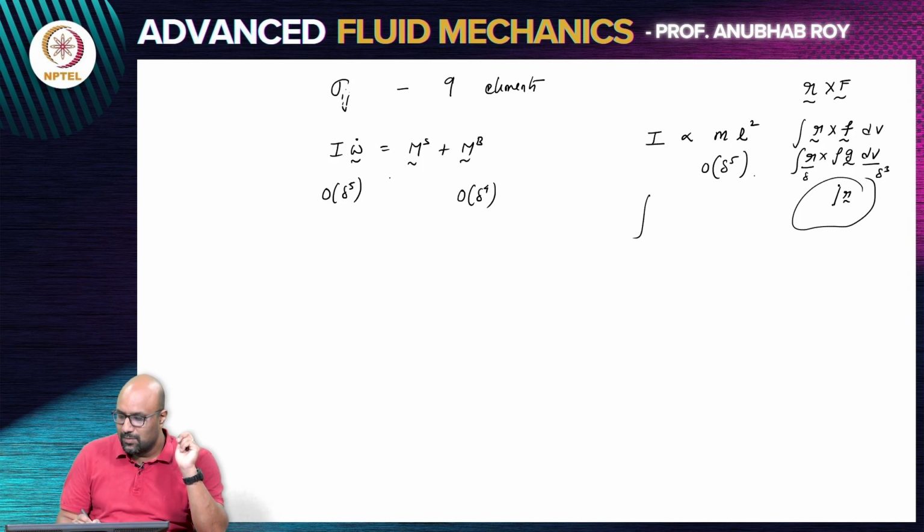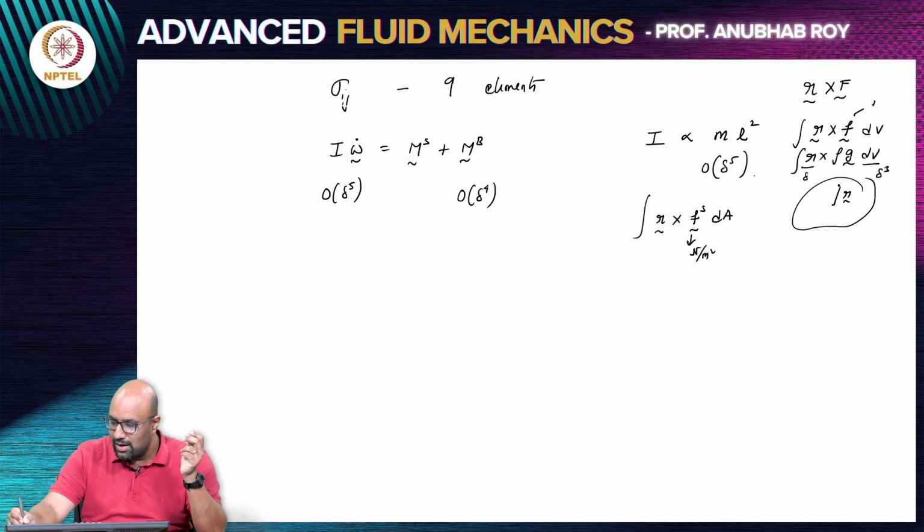Surface force. For surface force, you need to do the same exercise of calculating the moment, R cross the force per unit area, integrated over the area. I have a force residing on the surface. This object has dimensions of Newton per meter squared, whereas the bulk force, rho G, is Newton per meter cubed, that is force per unit volume.